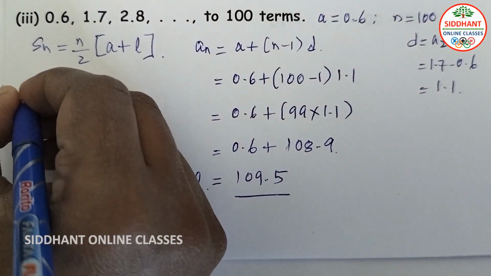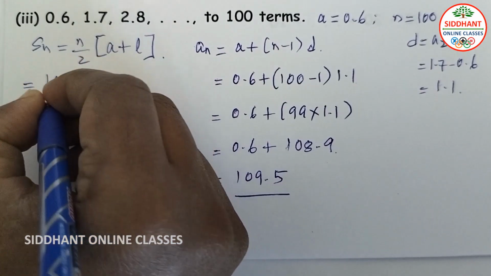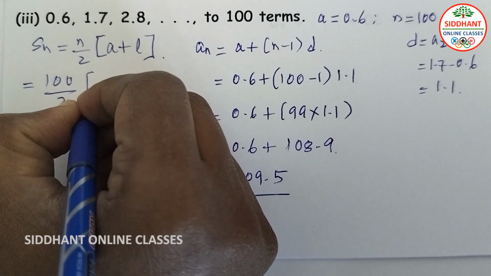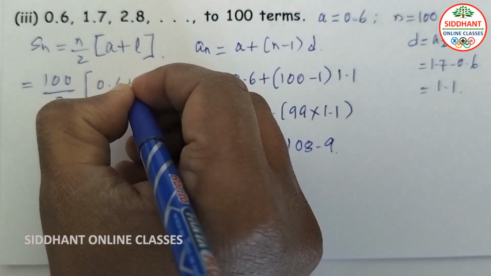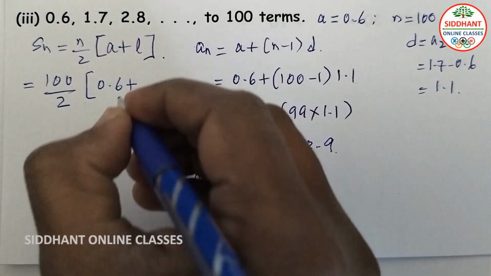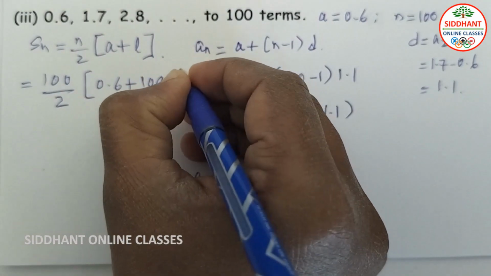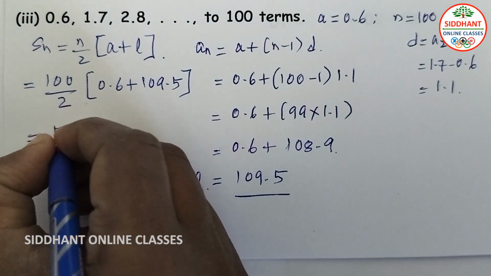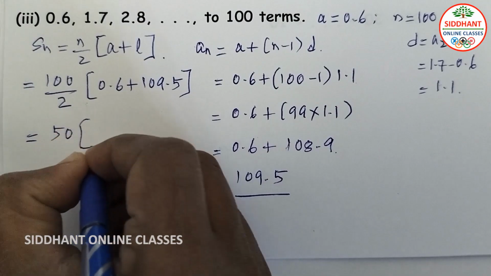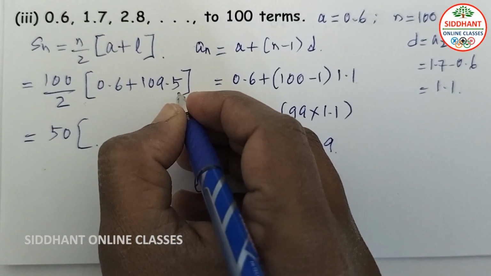That means n by 2, n is given, which is 100 by 2, into a, the first number, 0.6, plus L, the last number we got, that is 109.5. So 100 by 2, which is 50, into 0.6 plus 109.5.